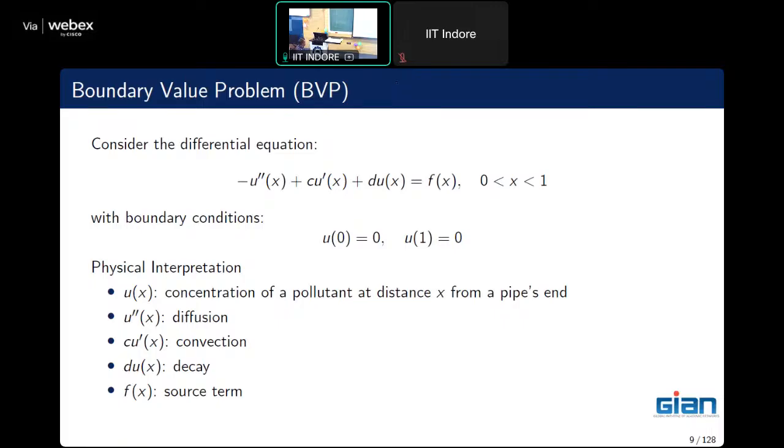So like another boundary value problem, another differential equation, if it is of this form, there are a lot of physical interpretations: u_x and u double dash x for diffusion, convection, and decay.